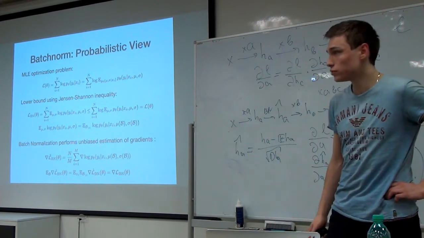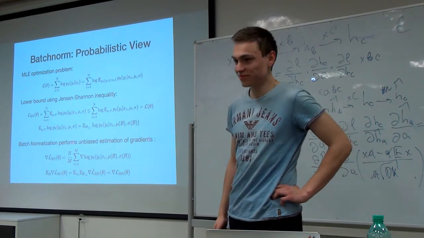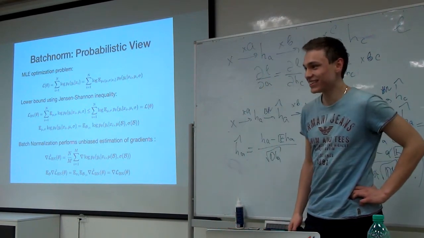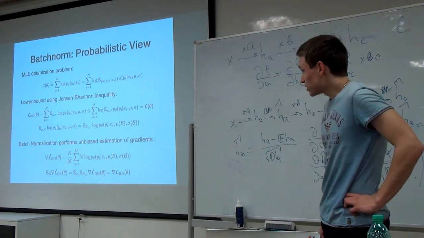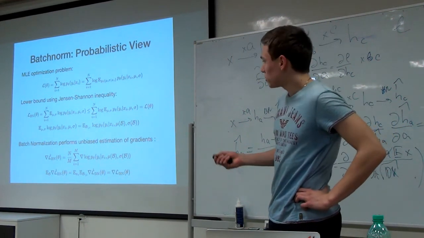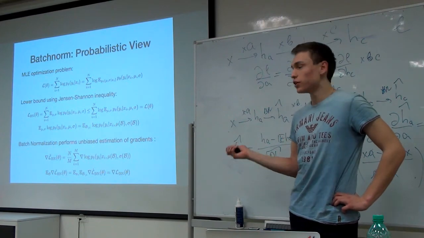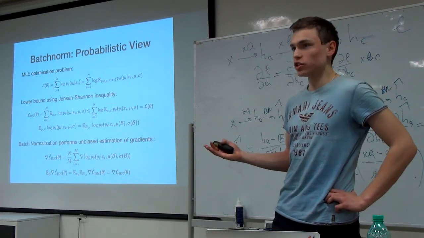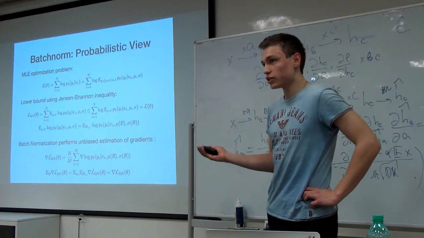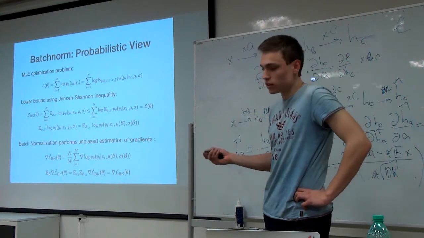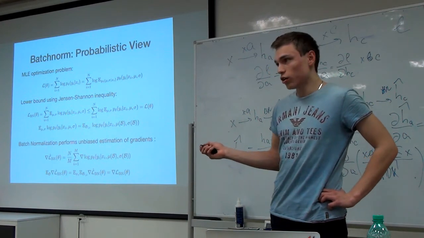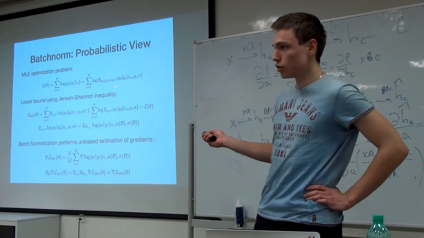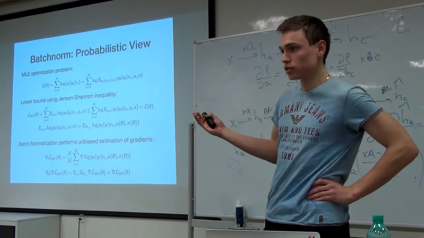Which is not variational, right? No, not variational. So it can be arbitrarily worse. Yes. That means when we train a neural network with batch normalization, it can be seen as maximizing a lower bound of the marginal log likelihood in the proposed probabilistic model.